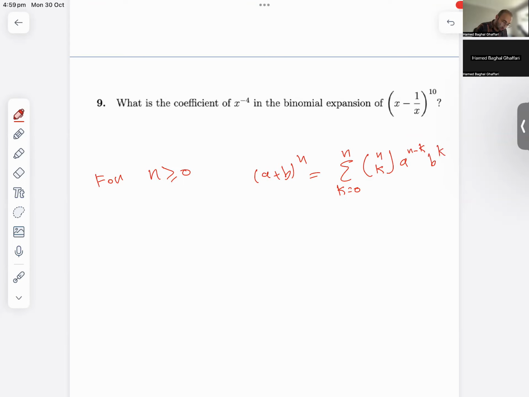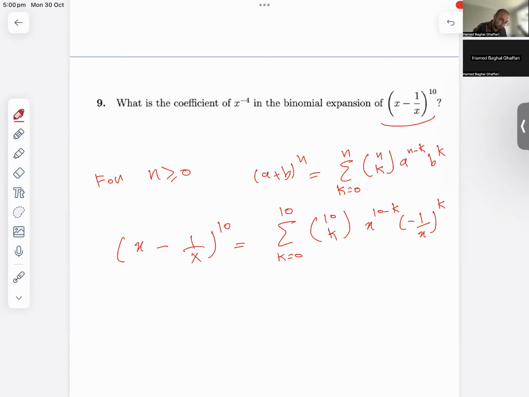If I apply this to this expression, (x minus 1 over x) to the power 10 equals the sum for k from 0 to 10 of 10 choose k, x to the power 10 minus k, times (minus 1 over x) to the power k.